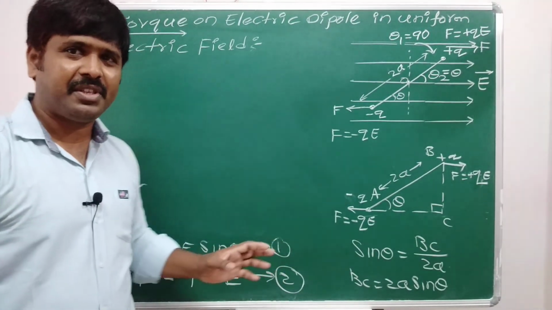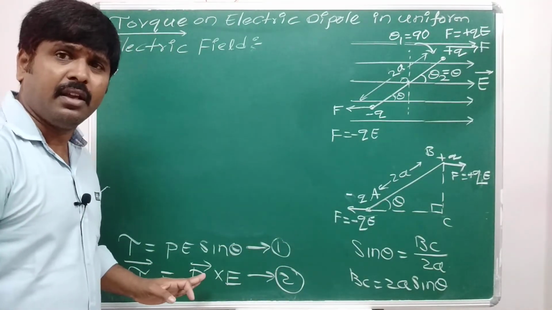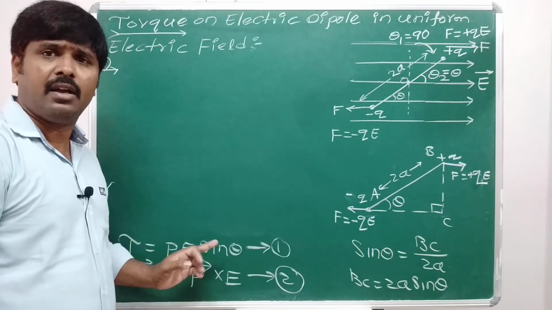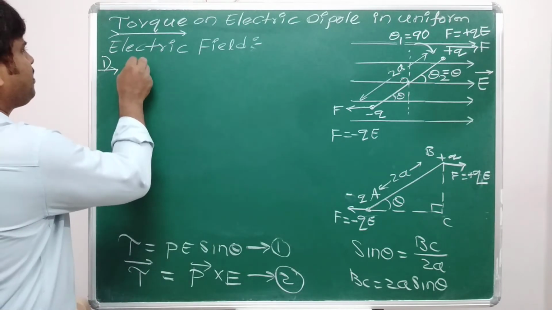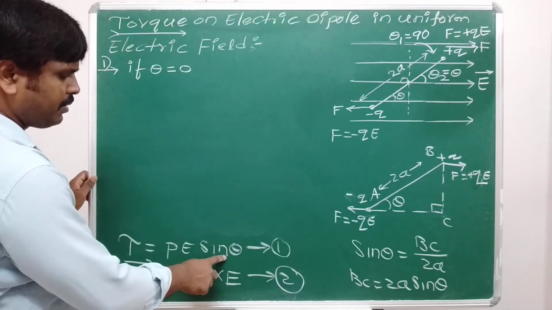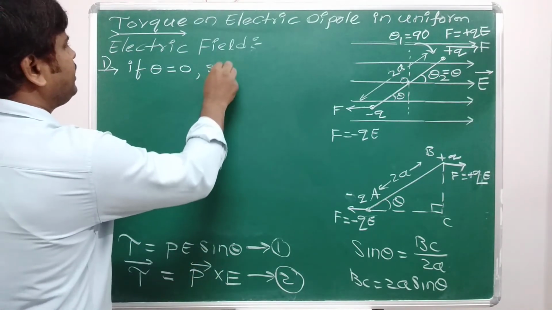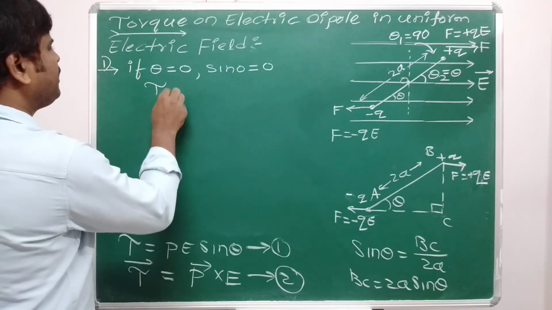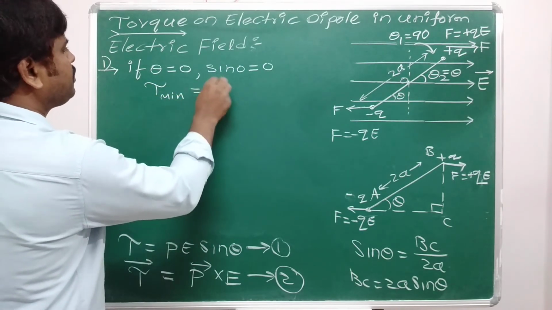Continuing with the cases based on torque tau equal to PE sine theta. First, if theta is equal to 0, then sine 0 is equal to 0, so tau is minimum, equal to 0.